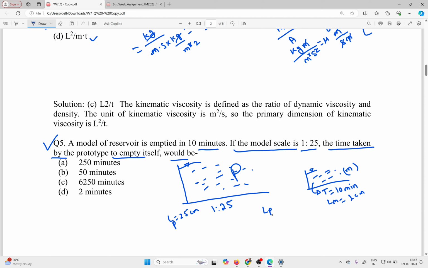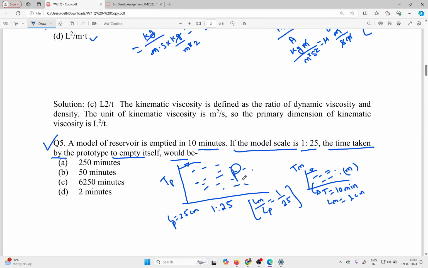Lm by Lp, 1 is to 25, is given. Remember please. Now we need to find out the relation between the time of prototype and the time of model.